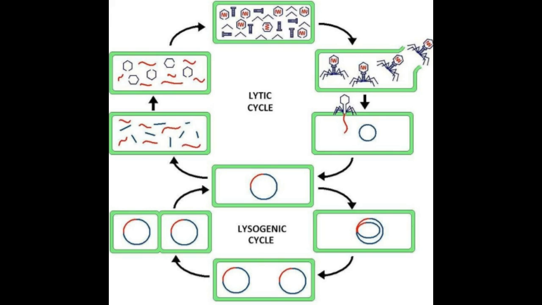Something to note real quickly here is that when you see this color change in the DNA, do you remember what this DNA ring is called? Plasmid, okay? So when the color changes in a picture, it's showing you the incorporation of the phage DNA into the bacterial DNA.